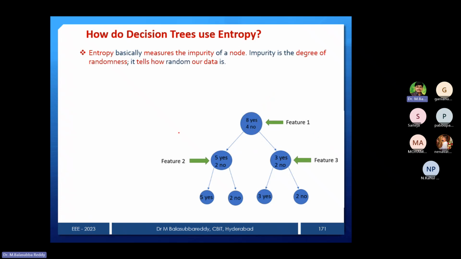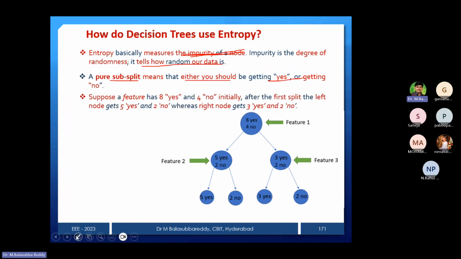Now the question is, what will it do? It will measure the impurity of the node, the degree of randomness. It tells how random our data is. A pure split means we should get either only yes or only no. Suppose this feature has 8 yes and 4 no initially.